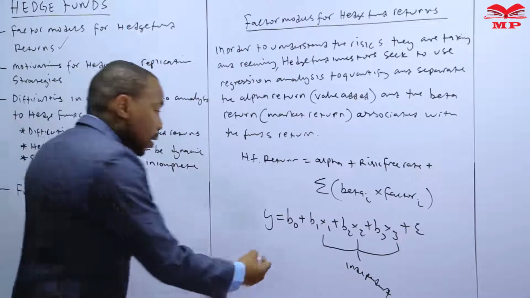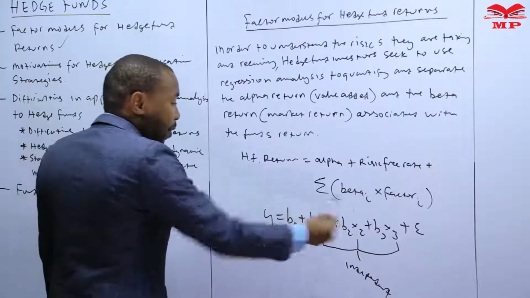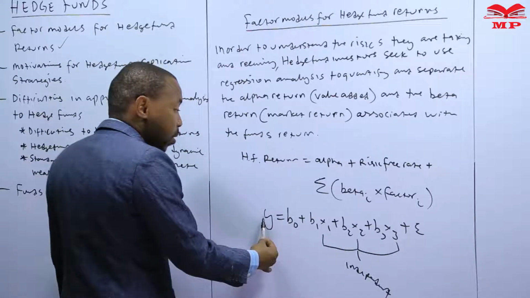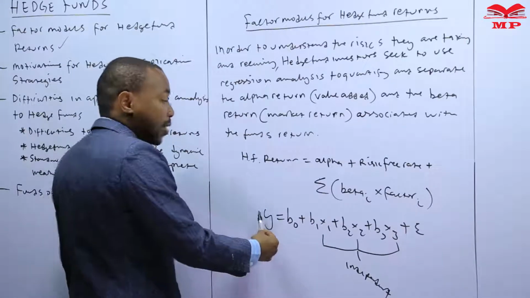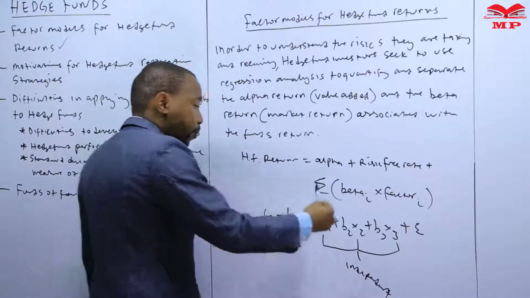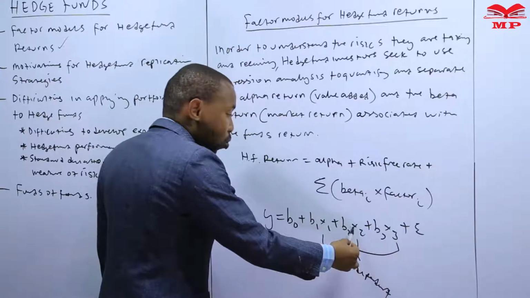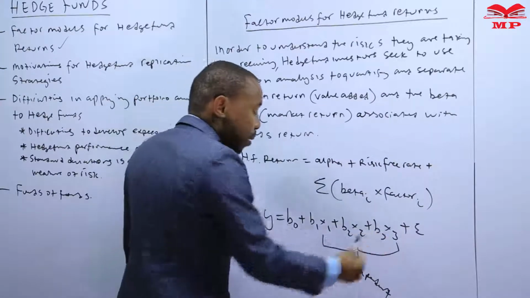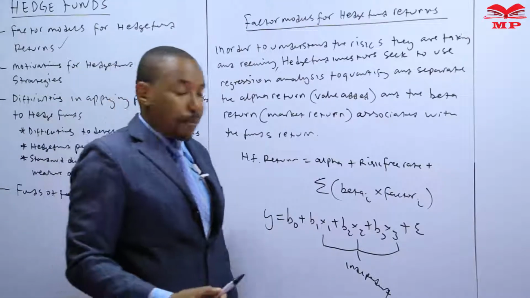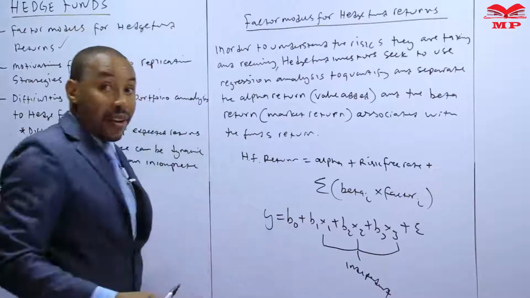If we have the Fama-French model, where we have three factors, the return component is determined by, for example, the equity risk premium, the high book to market component, and the difference between small cap stocks and large cap stocks. Those are the factors that influence the return of a fund.